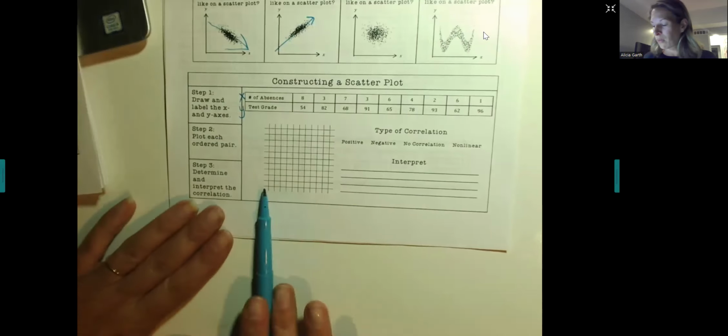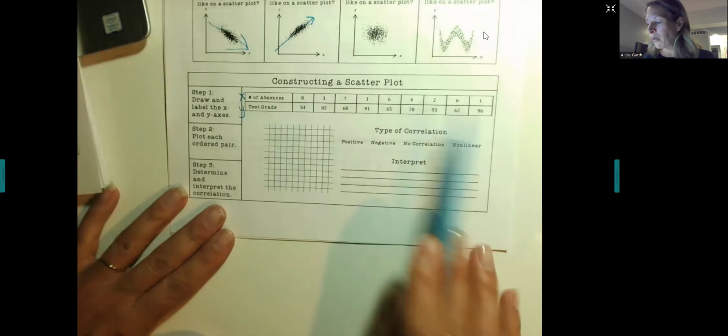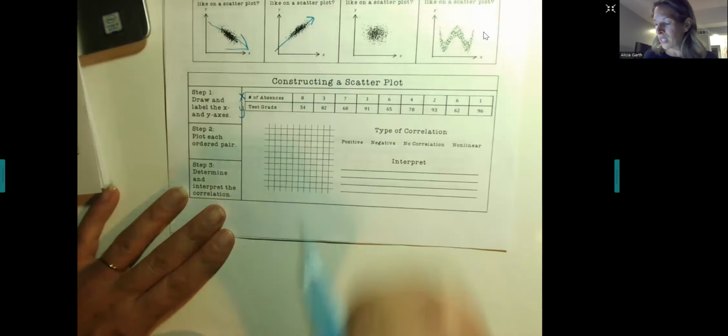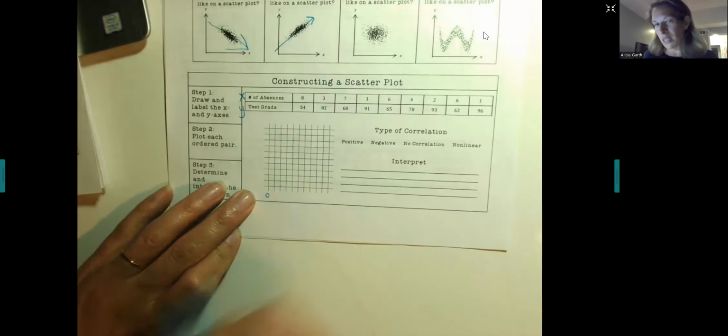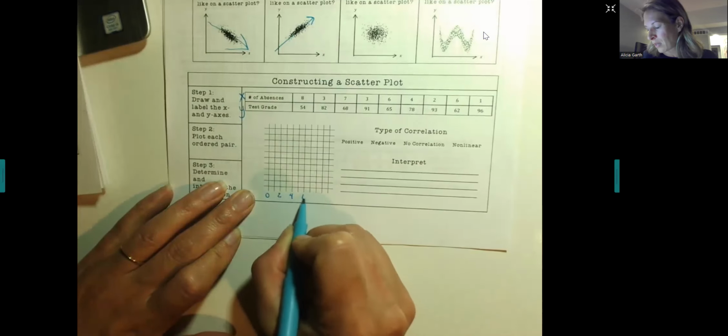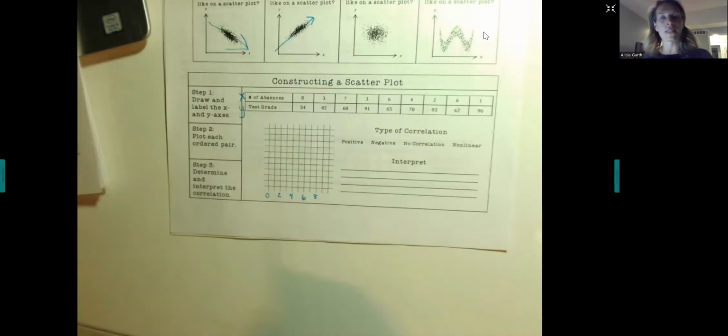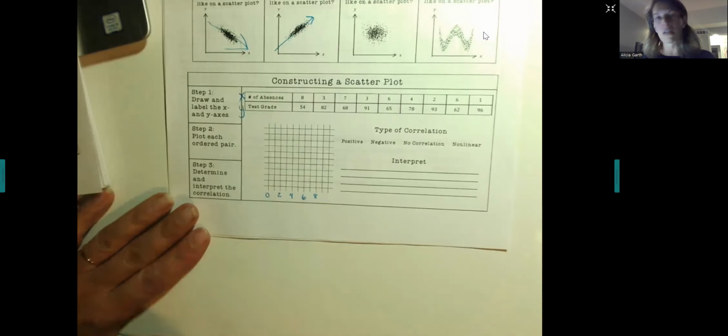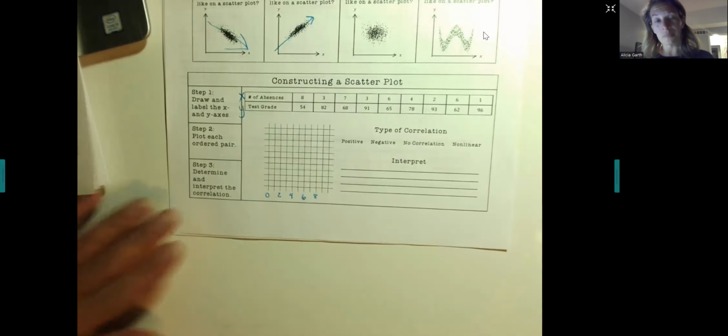We are going to write the numbers down below. Notice it goes from 1 to 8. So I'm going to put 0 here and then do 2, 4, 6, and 8. Why did I skip the odd ones? Because I have large, ugly handwriting, and it was easier to put just the even numbers in.